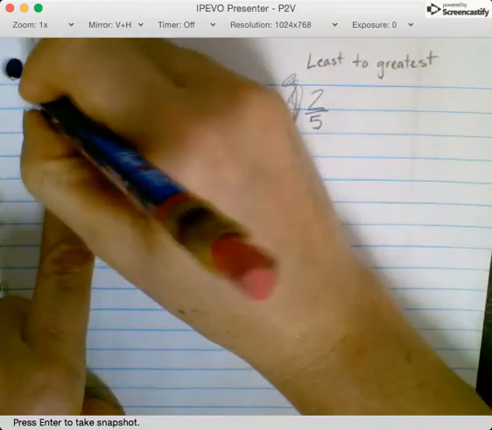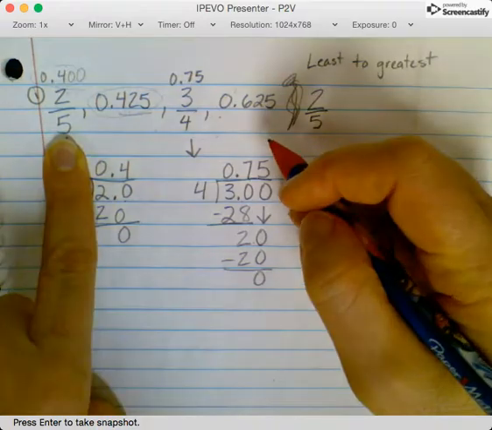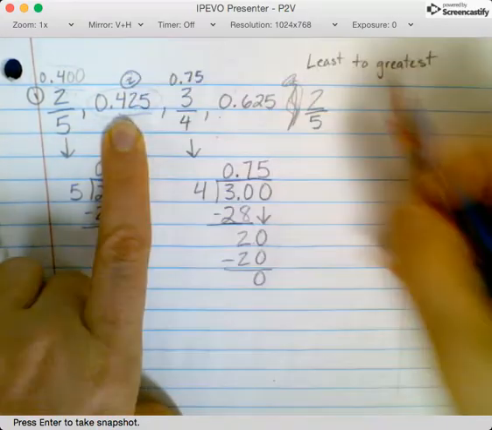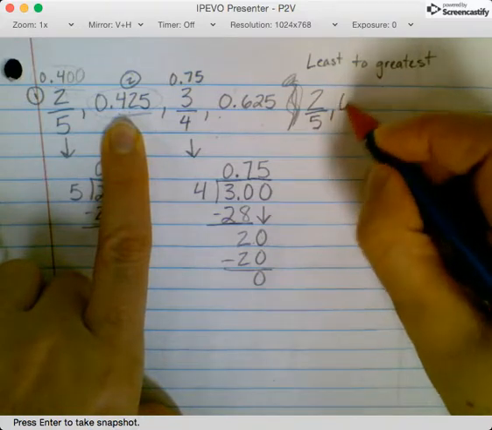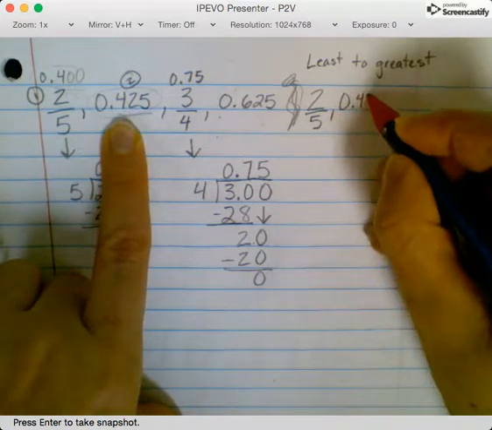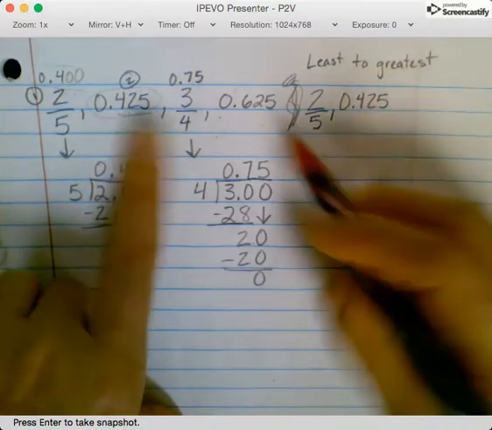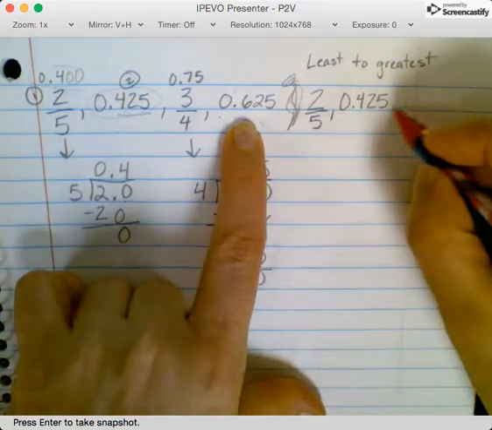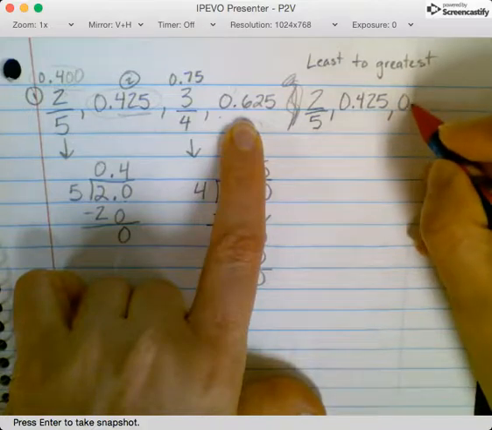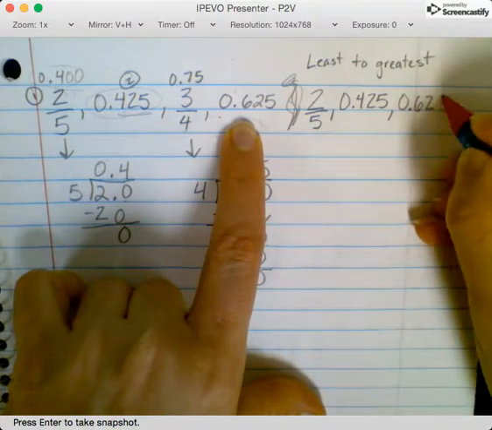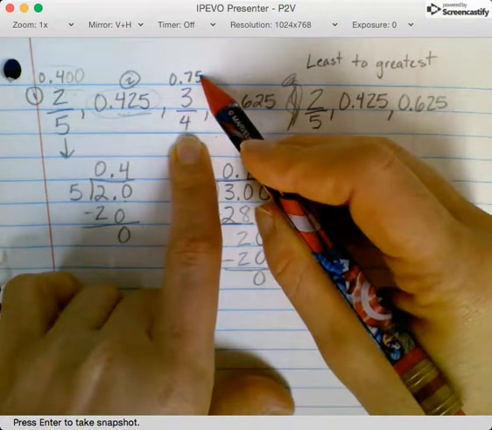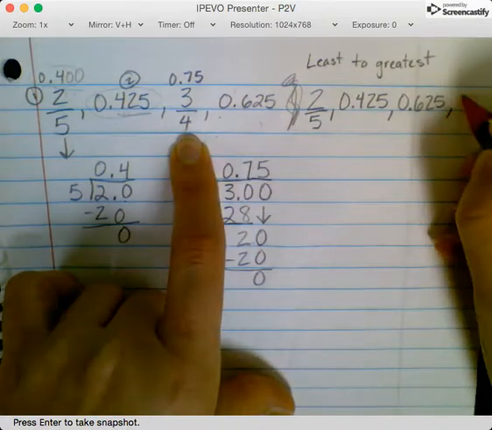And I could probably just write a number 1 here just to keep track. My second smallest is this one, which is 425 thousandths. And then my next one starts with a 6, so that's 625 thousandths. And then my last one, 75 hundredths, which is 3/4.